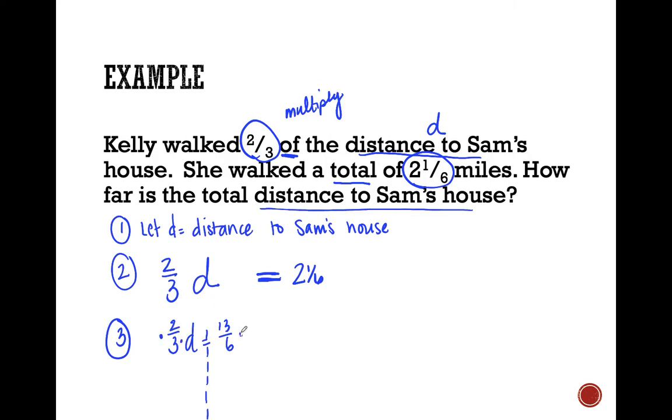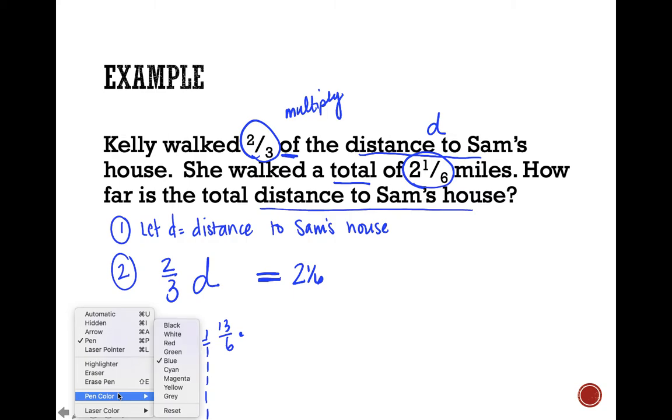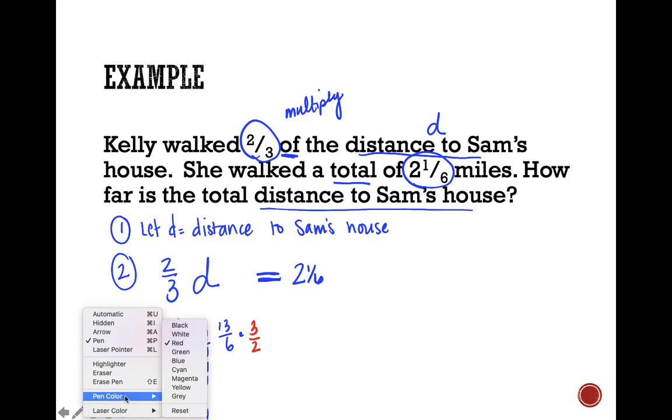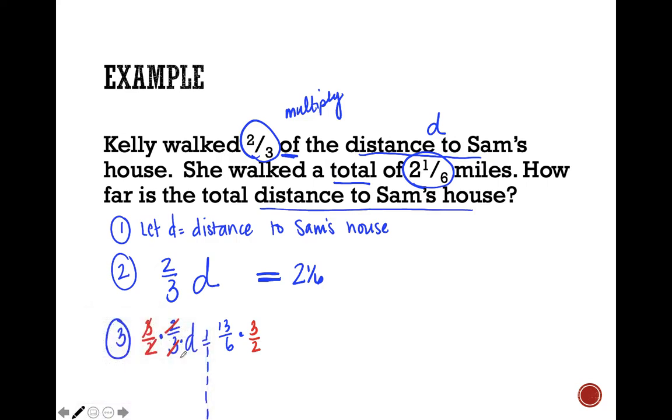We're going to flip it upside down. Multiplying by the number that will cancel the 2/3, which is the reciprocal. So the 3 and the 3 cancel, the 2 and the 2 cancel, which is great because we want to have just the D by itself, and we do once we can cancel those.